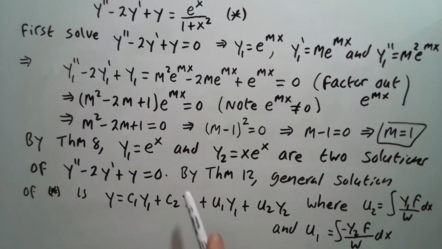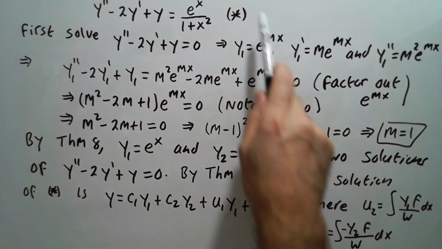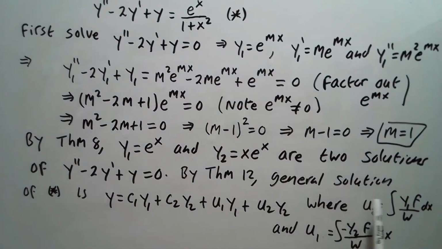By theorem 12, the general solution of this differential equation is c1 y1 plus c2 y2 plus u1 y1 plus u2 y2, where u2 is the integral of y1 f over w dx, and u1 is the integral of negative y2 f over w, where w is the Wronskian. Okay, so let's start computing these things. I'm out of space here, so let me erase a few things and we'll keep going.